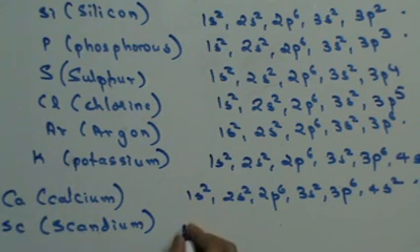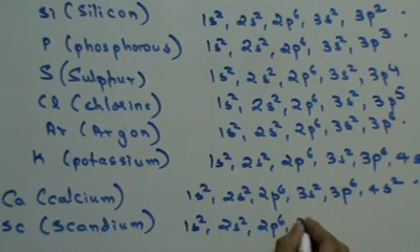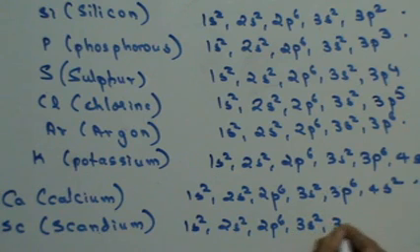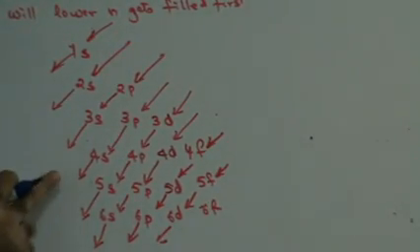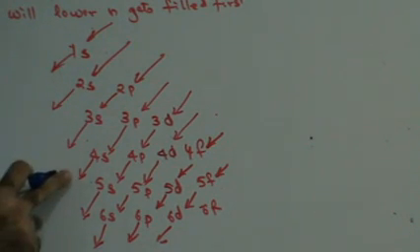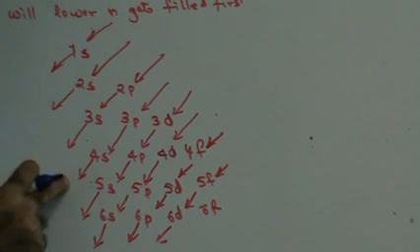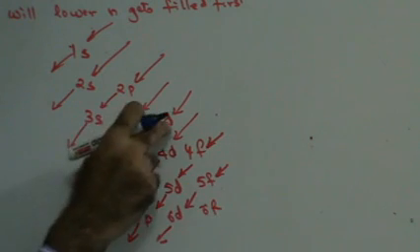I'll write the answer. 1s2, 2s2, 2p6, 3s2, 3p6, 4s2, 3d1. How 3d? Guys, let's get back to our Aufbau principle. Remember while doing the electronic configuration, keep the Aufbau principle in front of you. After 4s, you will not have 4p. After 4s, you have to have 3d.